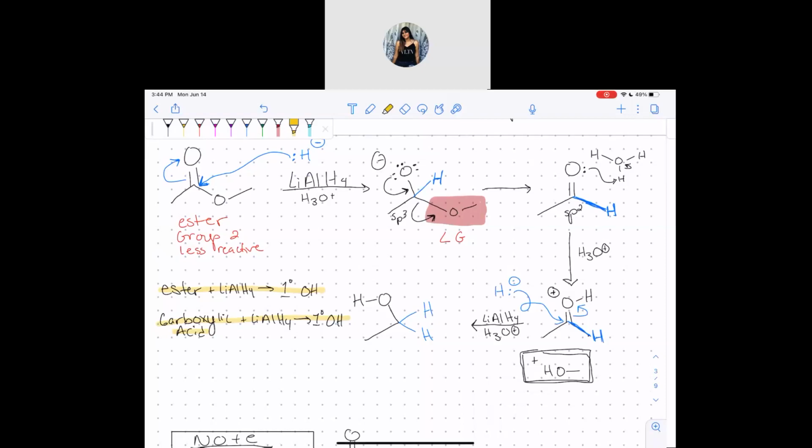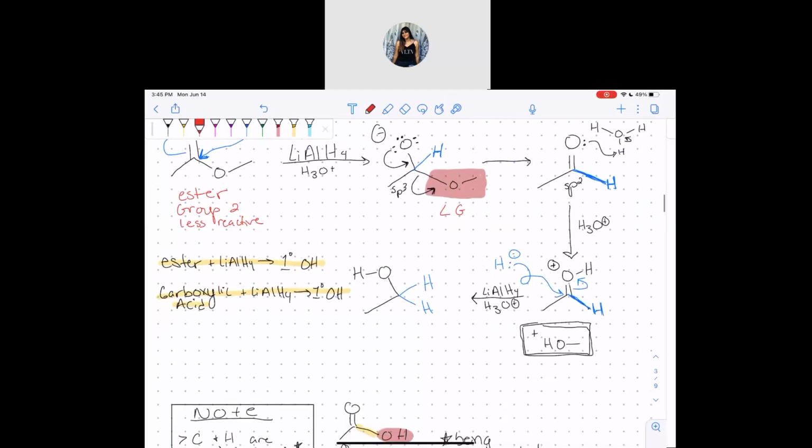And someone said a great comment, group 2 can't react with weak reducing agents. That is correct. So they can only react with the strong, which is LiAlH4, and it can react with DIBAL, right? But if it reacts with DIBAL, it stops here. So I will make a note of that. I'm really glad you brought that up.